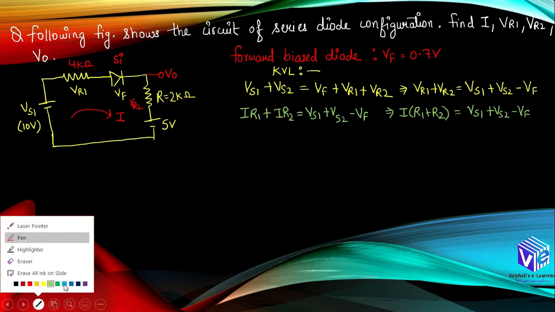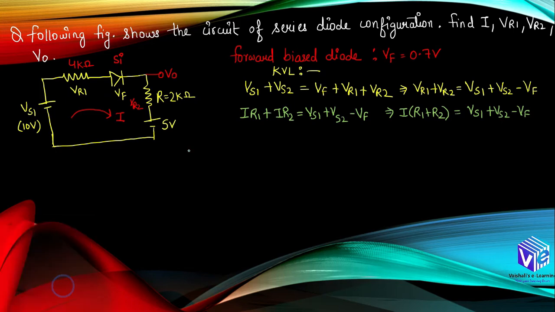Let's put in all of the values and find what I is. I will be equal to, what is VS1? VS1 is 10 volt. What is VS2? It is 5 volt. So 10 plus 5 minus VF, which is 0.7 volt, upon R1, which is 4 kilo ohm, plus R2, which is 2 kilo ohm.